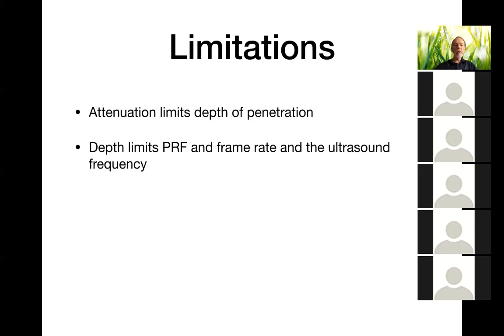So the deeper you're scanning, the longer the machine must wait in each beam position before it can move to the next beam. So the deeper you're scanning, the longer it takes to acquire each image, and therefore the fewer images per second there will be. So there's a direct link between depth and the frame rate.